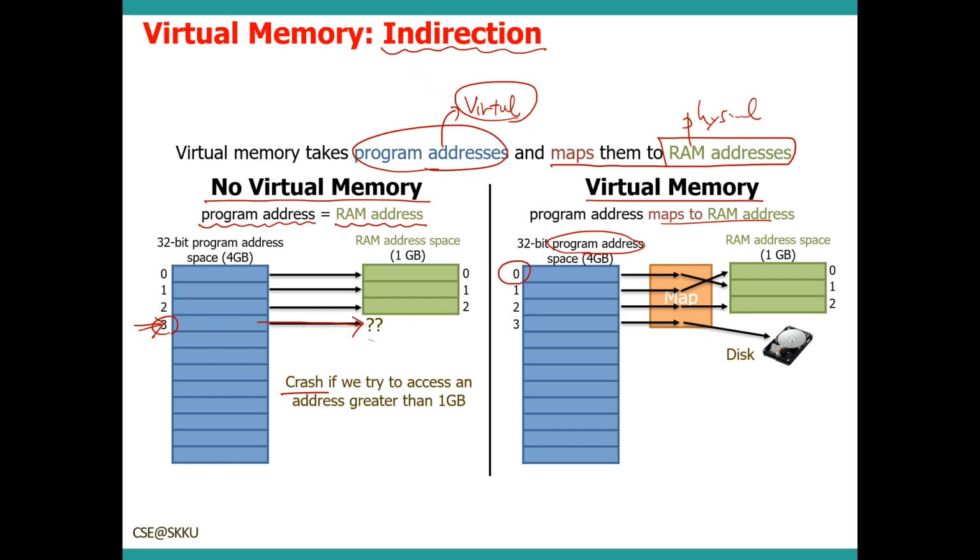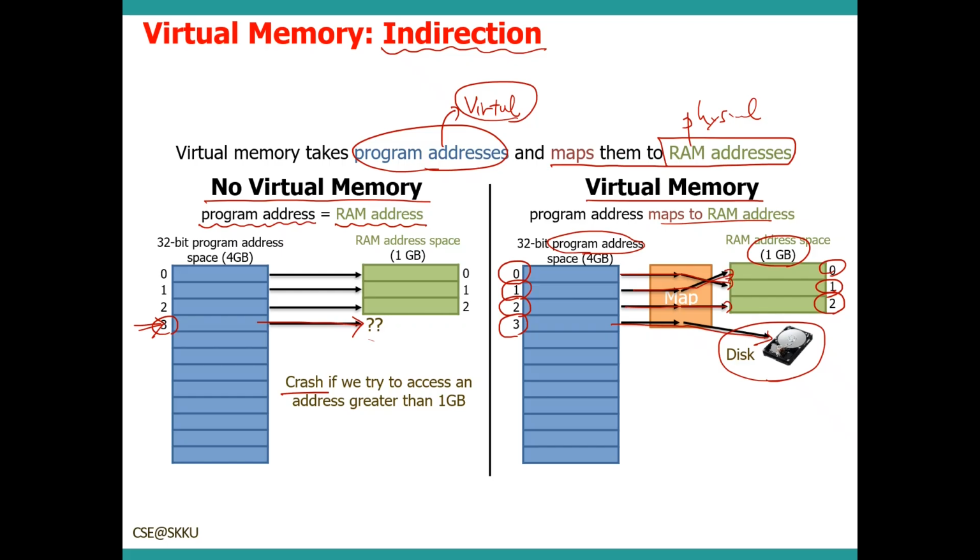For example, here virtual memory address 0 is mapped to physical memory 1, and virtual memory address 1 is mapped to physical memory address 0. Virtual memory address 2 is mapped to physical memory 2. Then virtual address 3 cannot be allocated to a physical memory address because the physical memory size is smaller than 4 GB. So in this case, this memory space is mapped to a storage device.